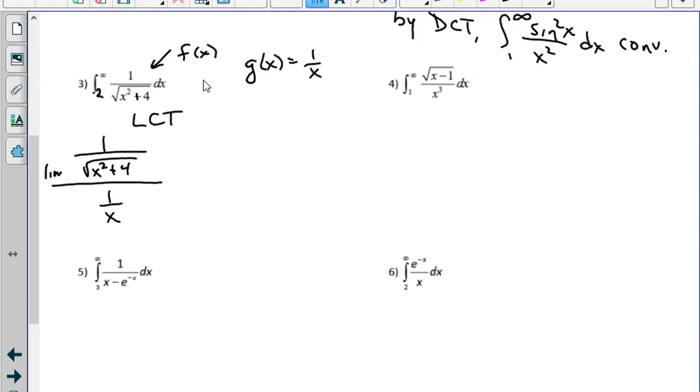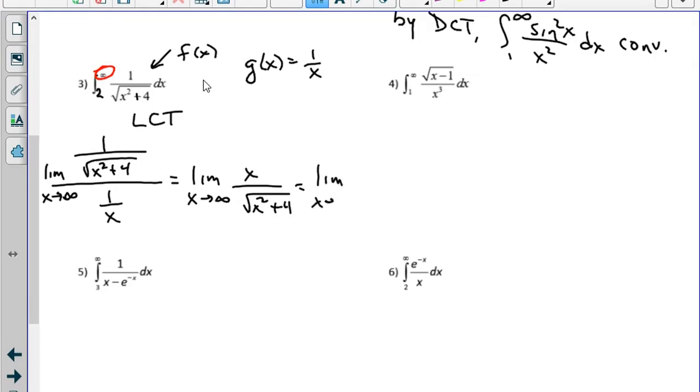So I want to do the limit of this function as x approaches infinity, because I'm trying to see if this will end up giving me something that converges or diverges. I can rewrite this just by the laws of fractions to say the limit as x approaches infinity of x over root x squared plus 4. Now I'll use L'Hopital's rule because this would be infinity over infinity.